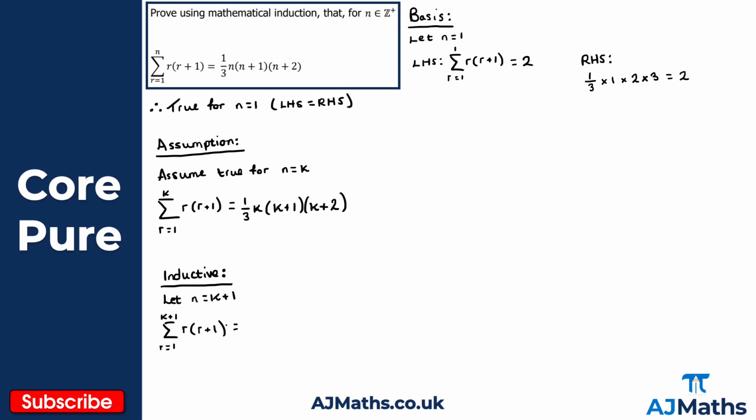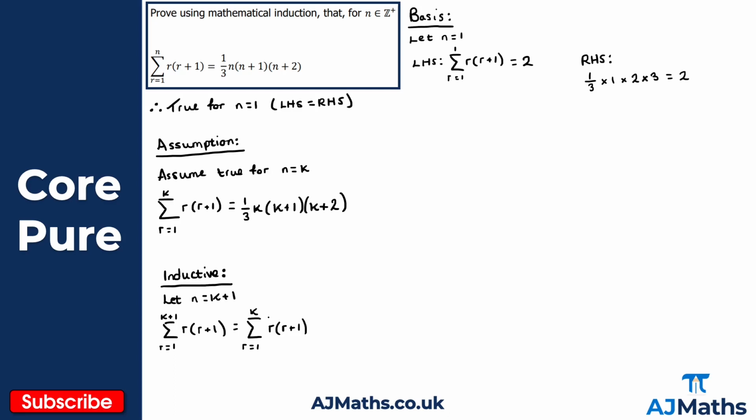And just like we did for the previous question, I'm going to simplify this summation as being the sum from r equals 1 to k, because that's what we've got for the assumption. So summation then of r times r plus 1 from r equals 1 to k.